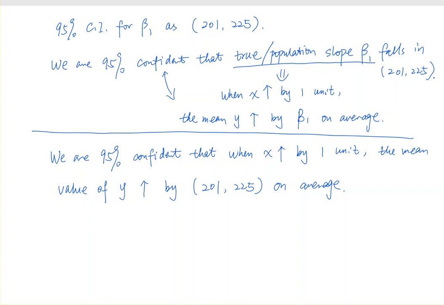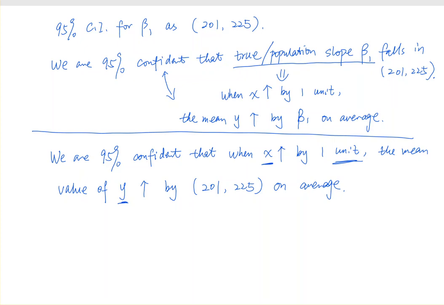Alright, so of course if you have a detailed problem or detailed practice, then you need to replace what x means, what y means, right? What is the unit? For example, this confidence interval for beta 1 is for the example of the beer's price and number of packs of beer sold in the store.